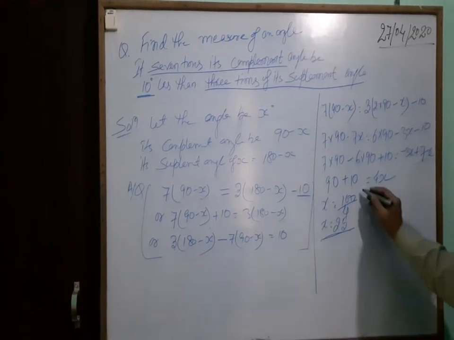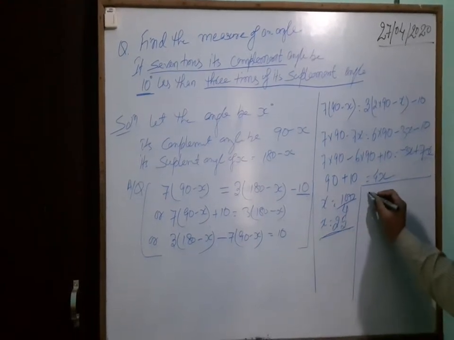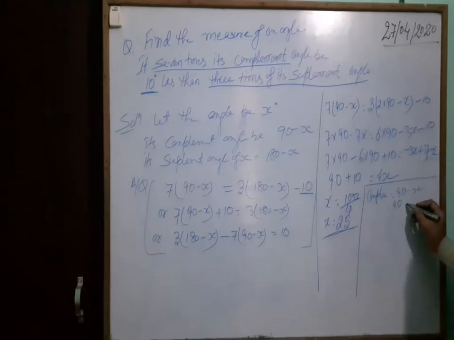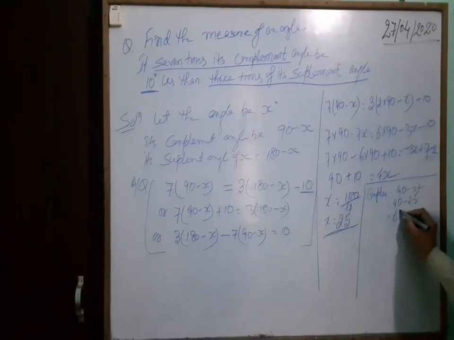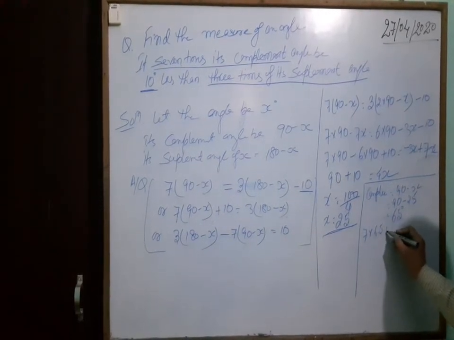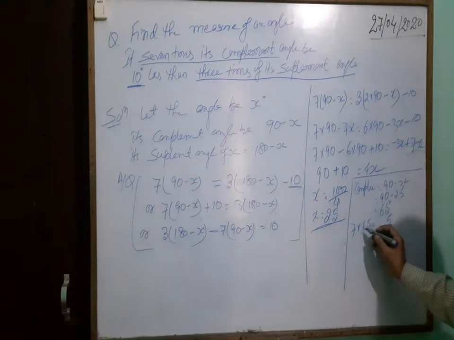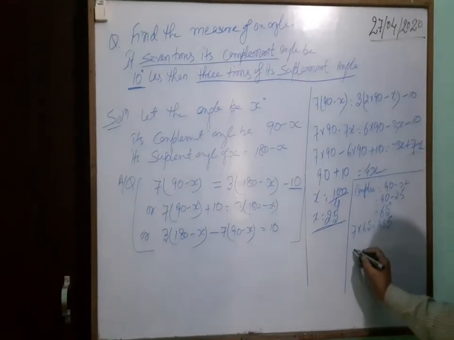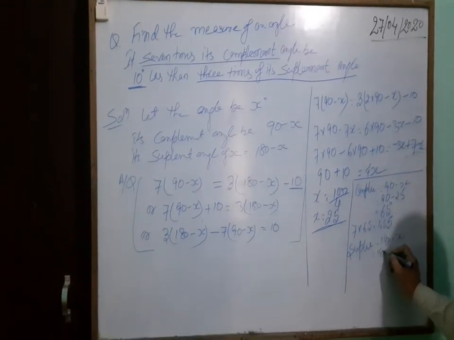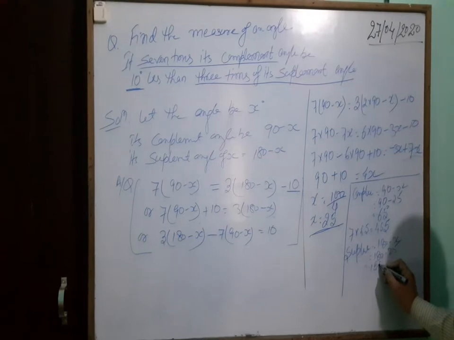Then to check it, if x is the angle, the complement angle is 90 minus x, which is 90 minus 25, equal to 65. 7 times 65 is 455. The supplement angle is 180 minus x, so 180 minus 25 is equal to 155. 3 into 155 is 465.